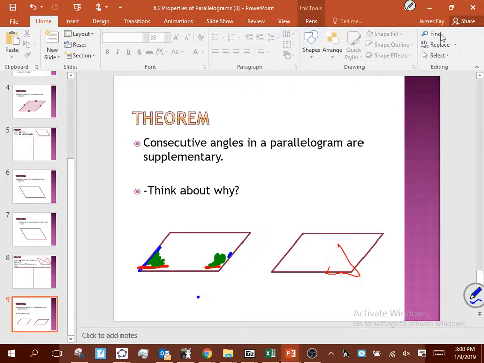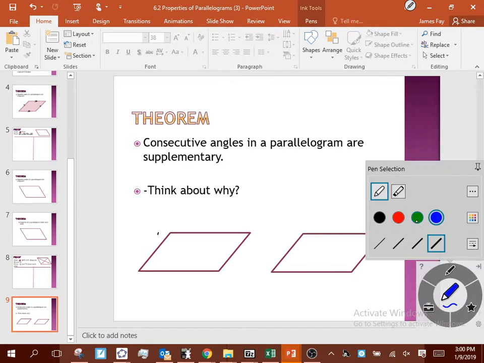All right. So that is a set of consecutive angles, right? Those are a set of consecutive angles, and those are developed by looking at the left and the right sides being parallel. But can we look at the top and bottom being parallel?